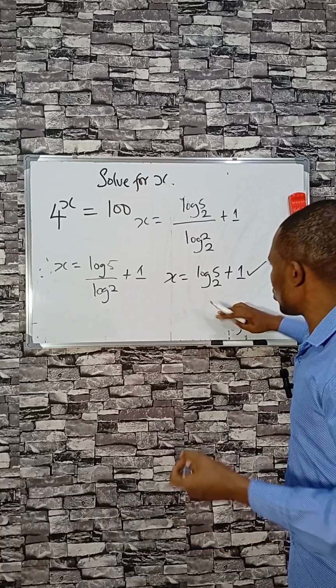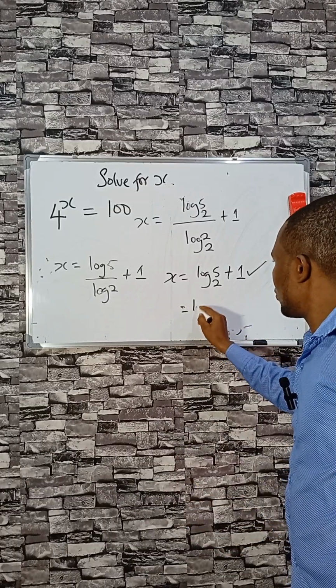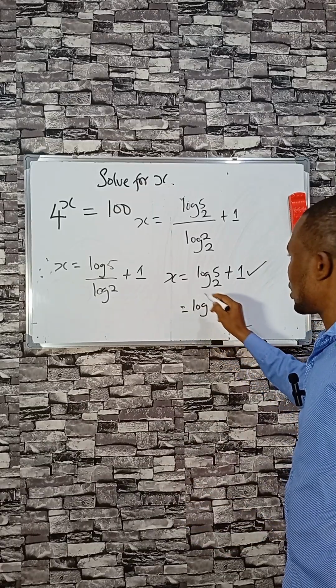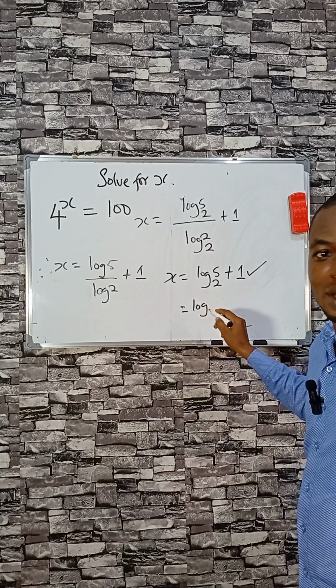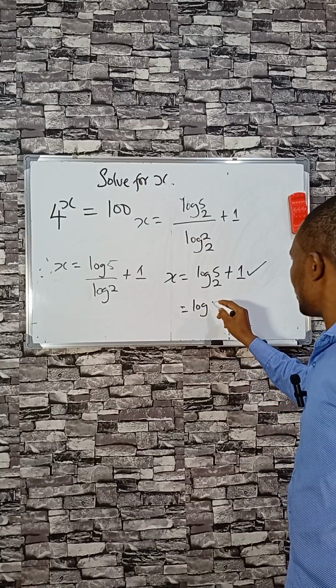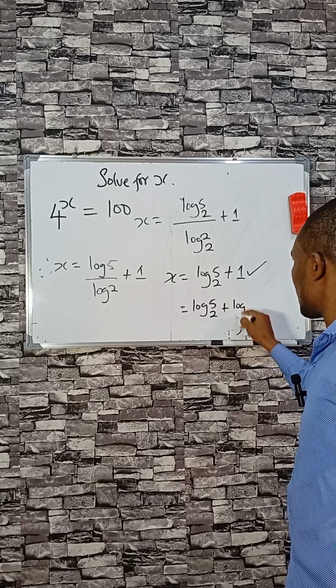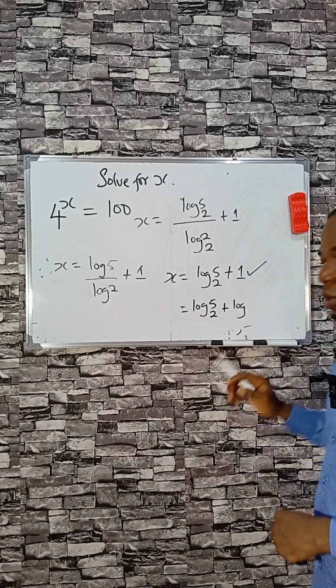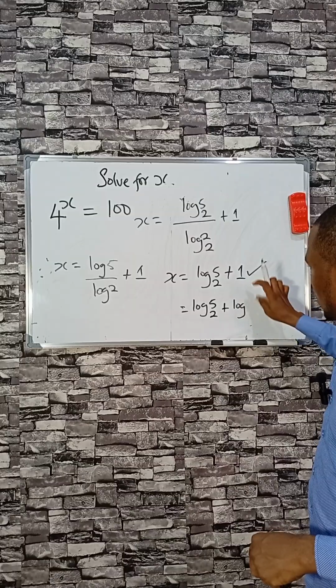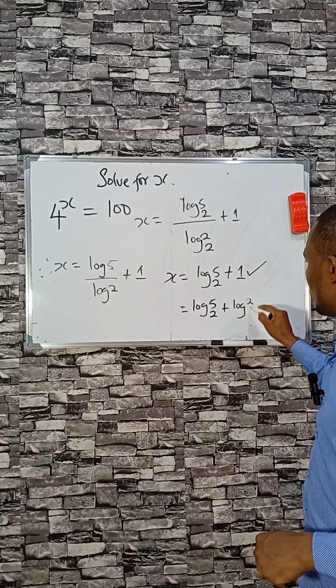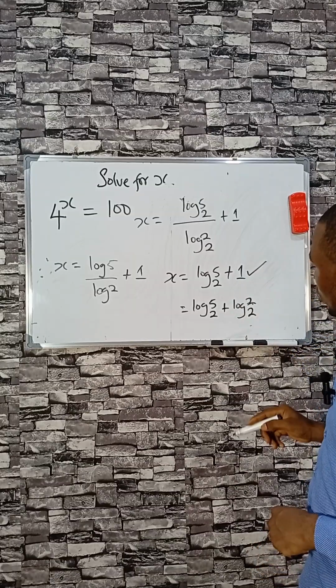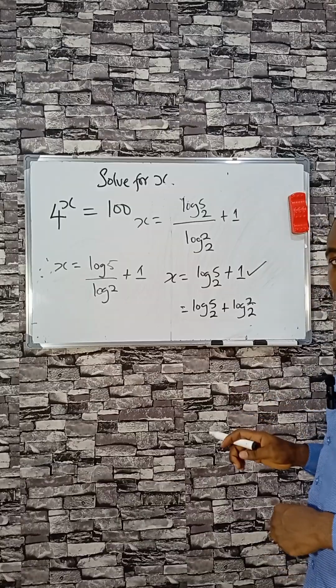But in case you still want to go further, to find the real value of x, you can take this back to base 10. Let us go to base 2. 1 can be written as log 2 base 2. This one, log to its base, equals 1. So I now have everything in base 2.